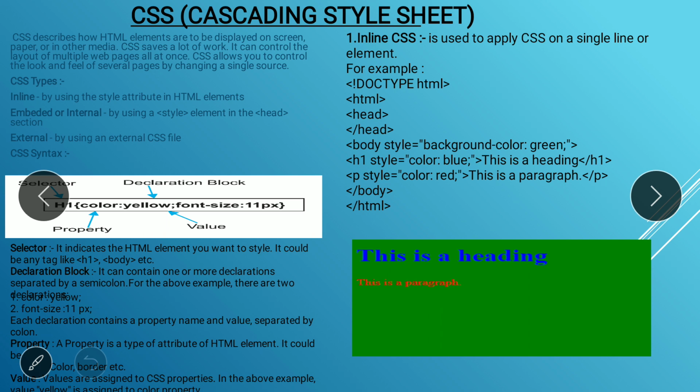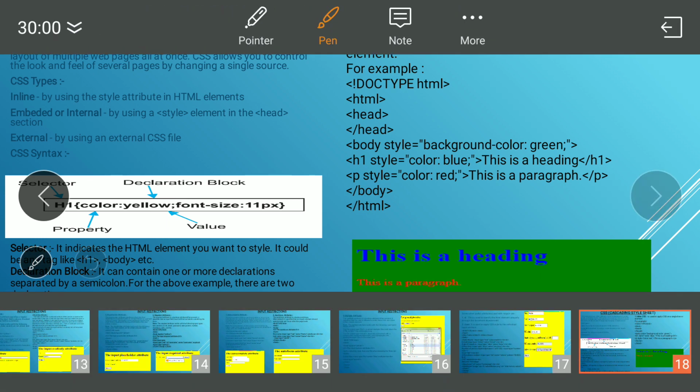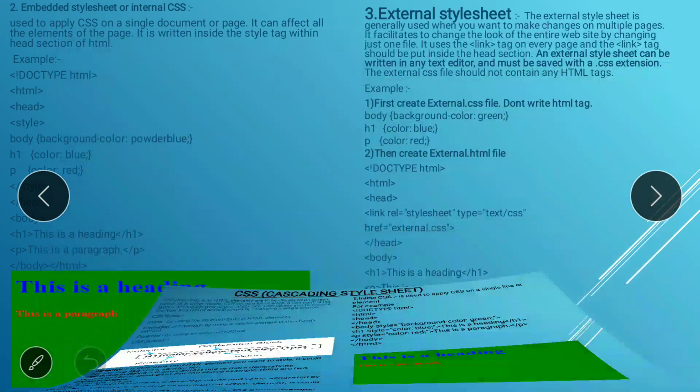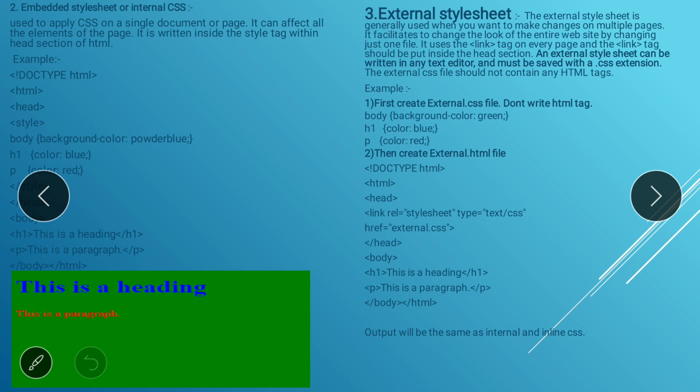Here we only apply one property for one tag. You can apply a number of properties on one tag. For example, if I want to change the font size of h1, we can write here also. Next is the embedded style sheet or internal style sheet, and that is the main syntax.